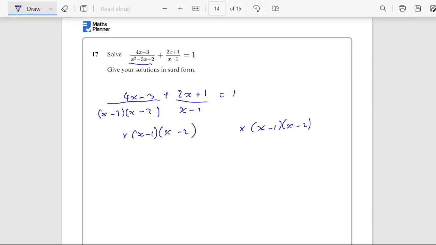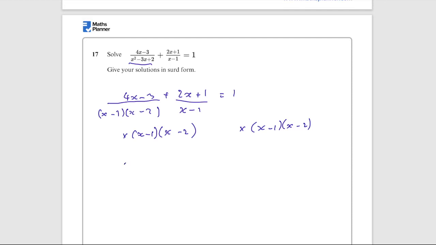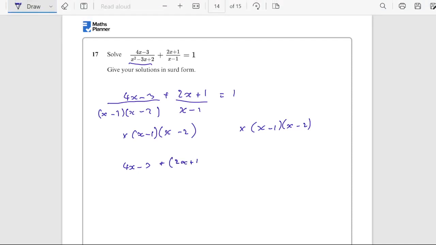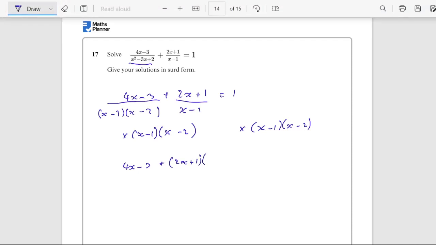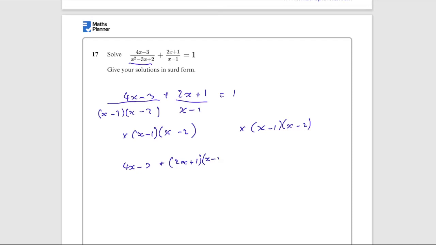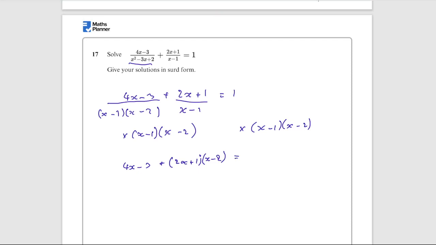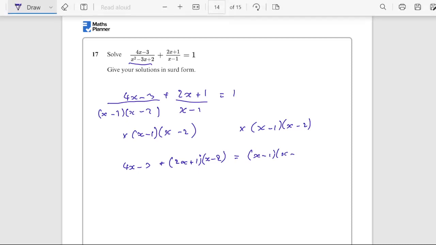Okay, so that's going to give me my numerator of my first one is not going to change. I'm just going to have 4x minus 3. My second one I'm going to write as 2x plus 1 multiplied by x minus 2, because when I multiply that, these will cancel. And that's going to be equal to x minus 1 times x minus 2.